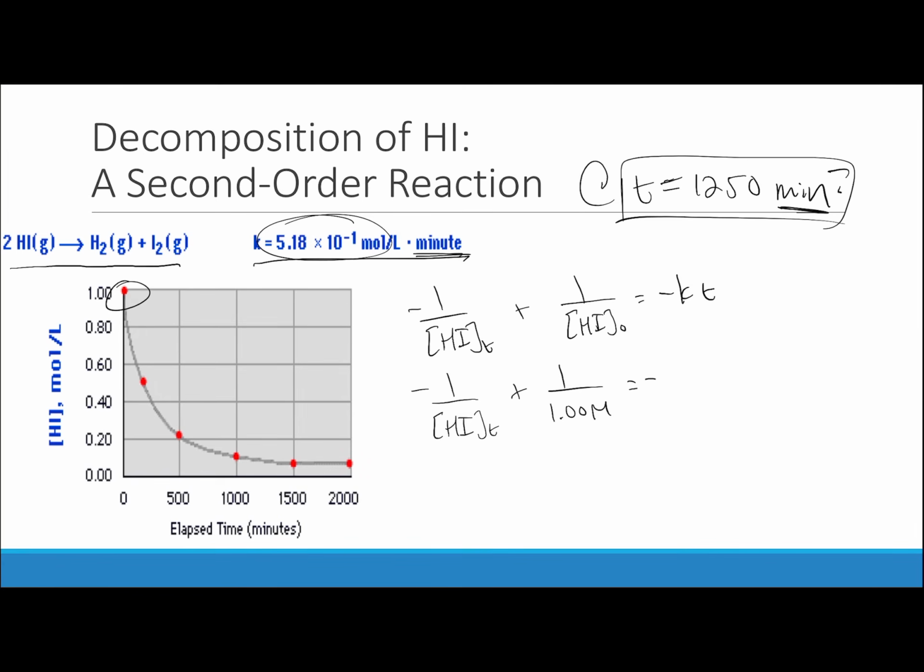And we're just going to place in our k value and our t value. And let's solve for our concentration at time t.